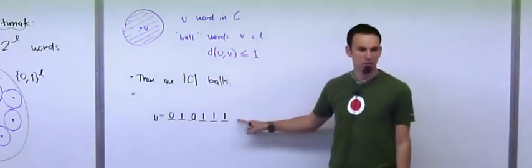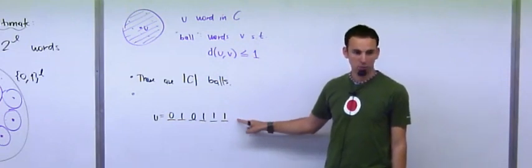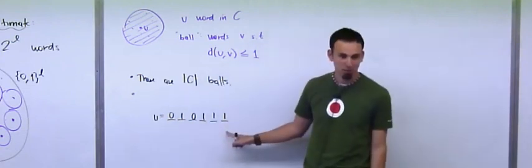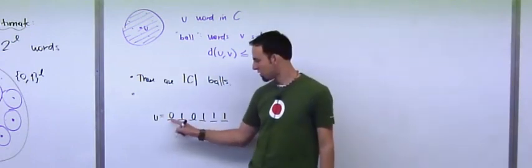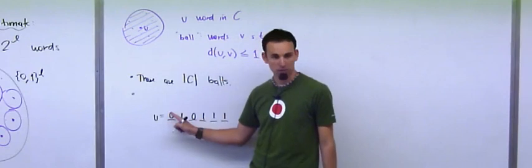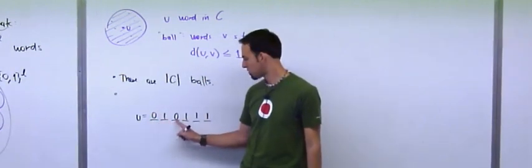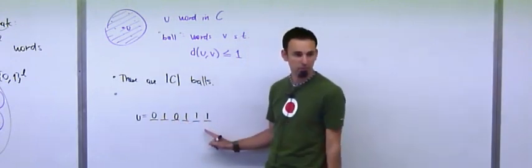Here's a word in C. You're going to consider the words that are at distance at most 1 from this one. Which ones are they? Well, this word is certainly in the ball. It's at distance 0 from itself. And then the other ones are obtained by either changing the 0 to a 1, or changing this 1 to a 0, or changing this 0 to a 1. You can flip exactly one of the bits, but you can't flip two of them.